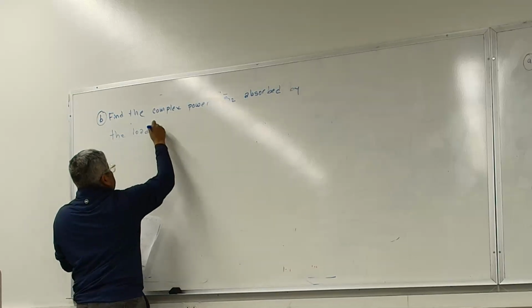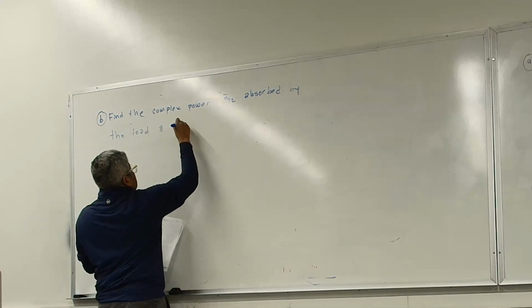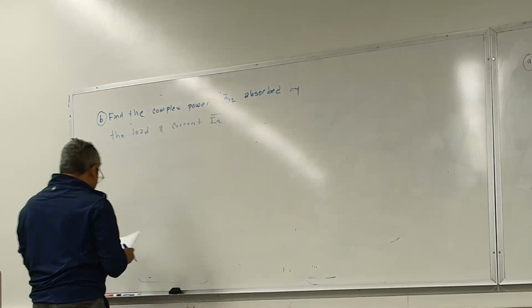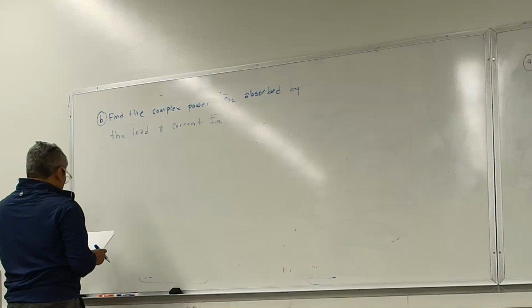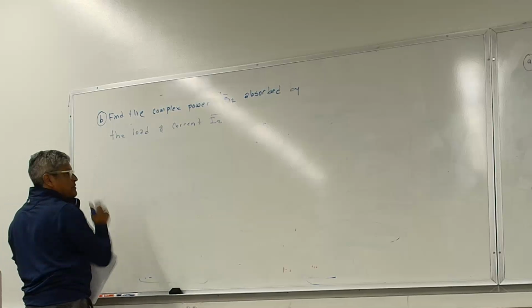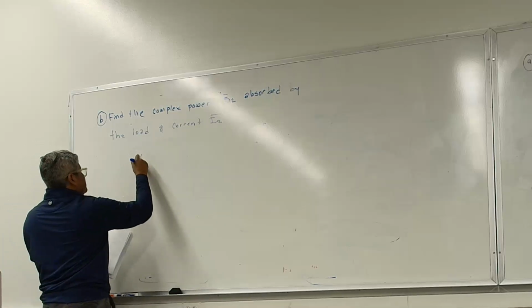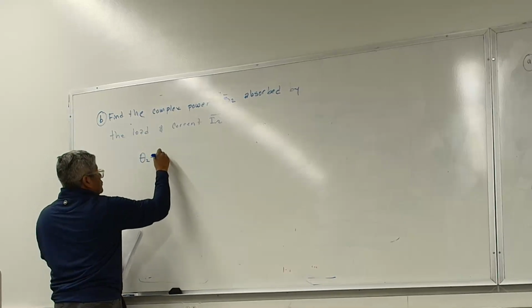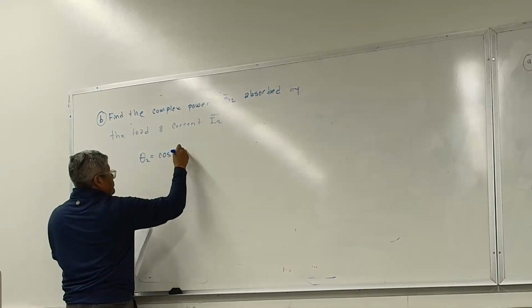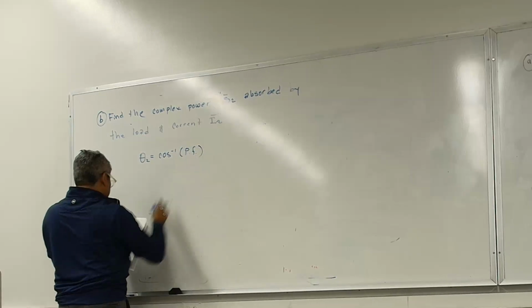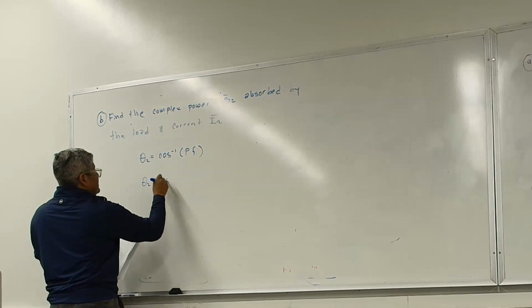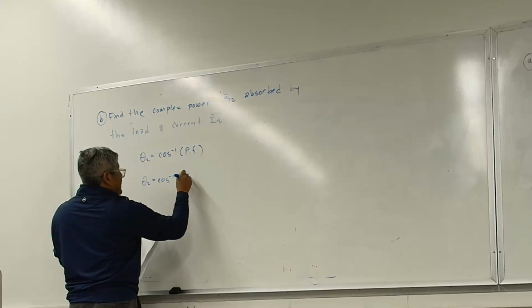and the current I2. Okay. So the load, we do know the power factor, right? That was given to us. So I'm going to call this theta 2, which is equal to the cosine inverse of power factor. So theta 2 then is equal to the cosine inverse of 0.8.